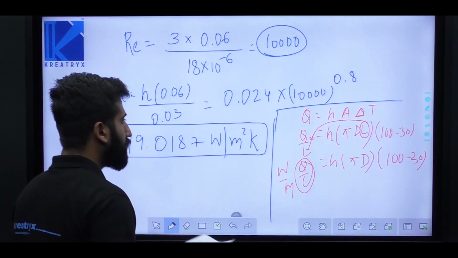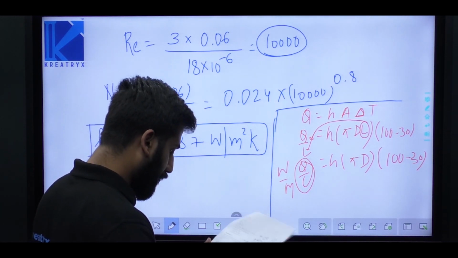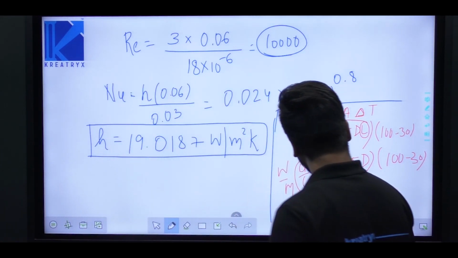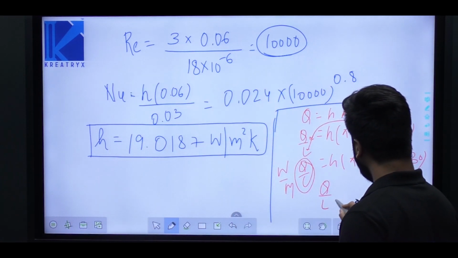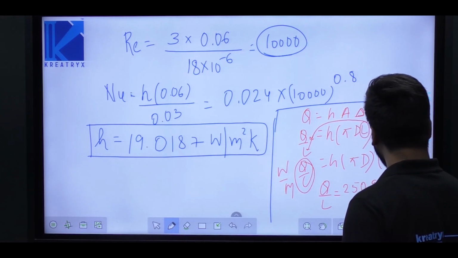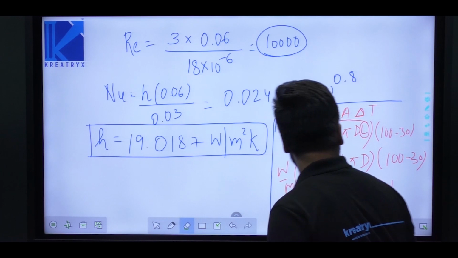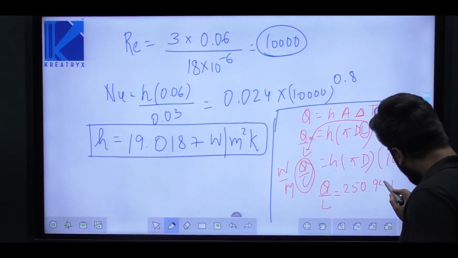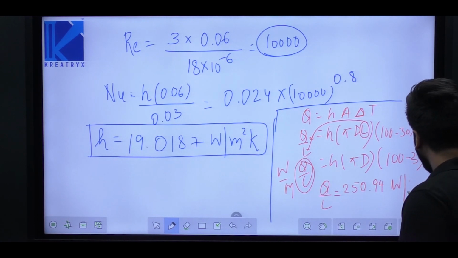So the answer to this question is 250.94 watt per meter.